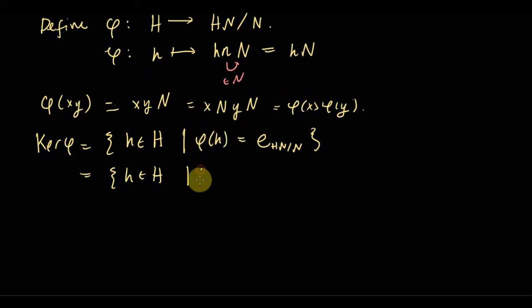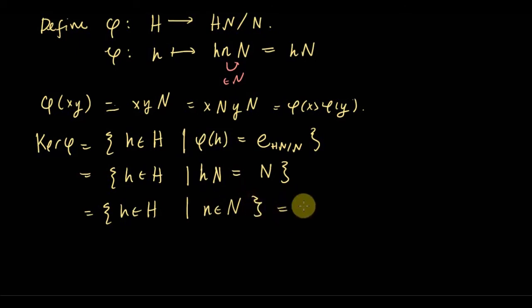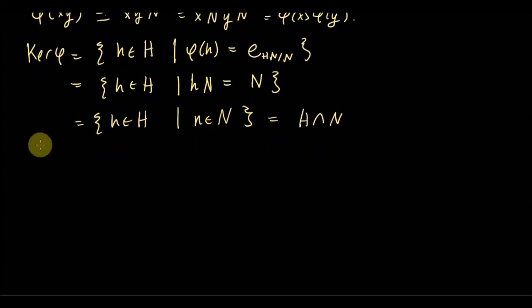It's just hN. And what's the identity element of that quotient group? It's just N. And by what I said previously, this equality only holds if n is in N, so let's write that explicitly: h in H such that n is in N. The above will be true if n is in N, but then this is just by definition H intersect N. So we know that the kernel of phi is H intersect N.